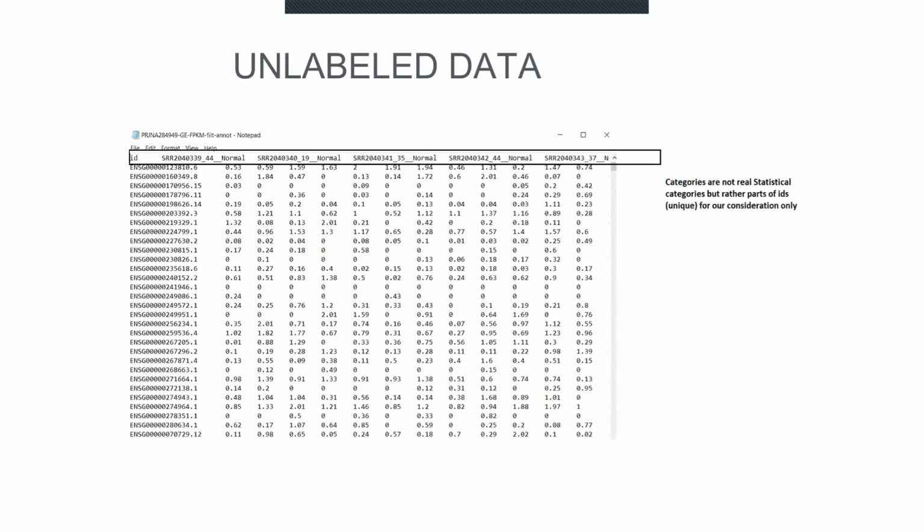So unlabeled data, statistically speaking, is the one that has unique identifiers for each of the samples or each of the genes. You don't have identical labels anywhere. So why is this important?